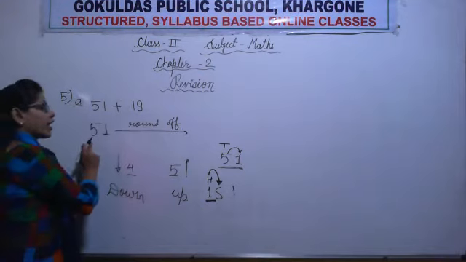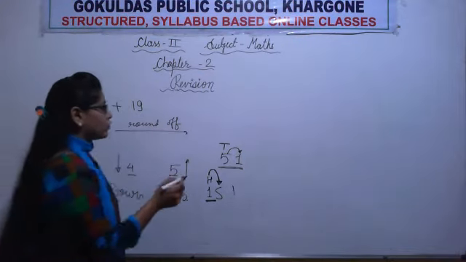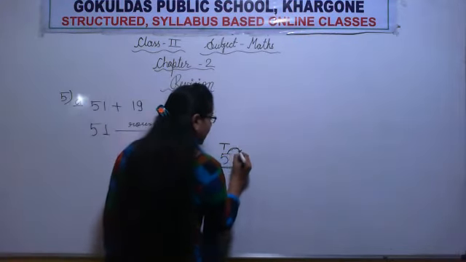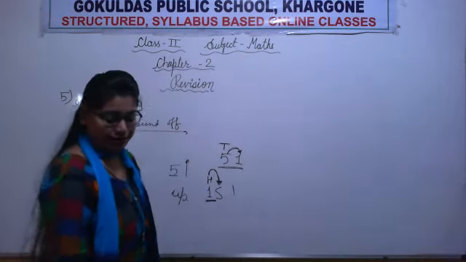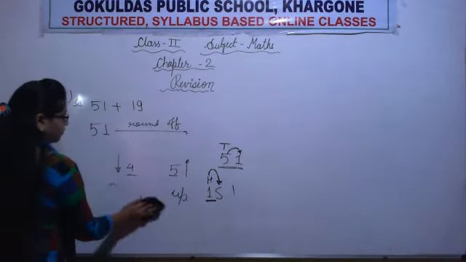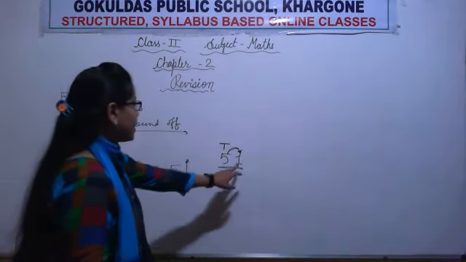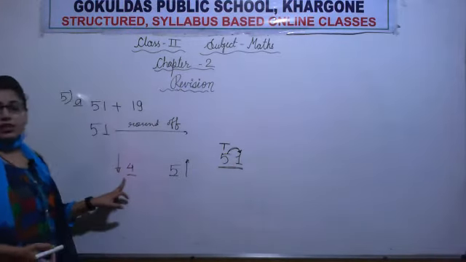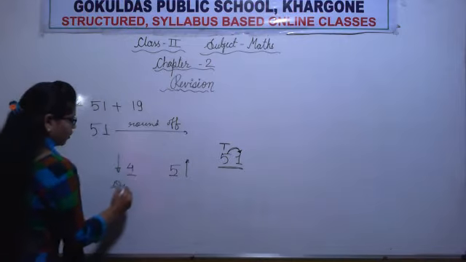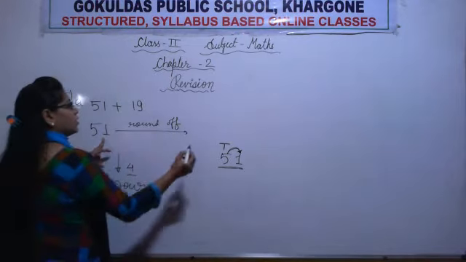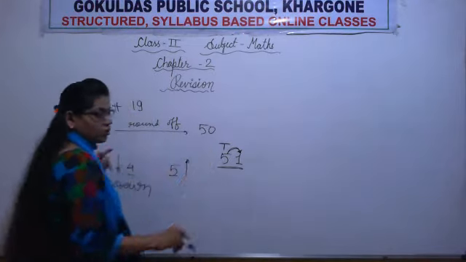Here we are rounding off to the nearest 10, so we will see the number right to it. 51. So we will see number 1. So 1 is lesser than 4. So what will we do? We will round down. So we will round it down to 50.